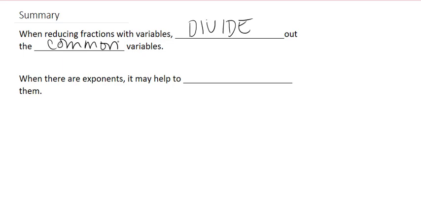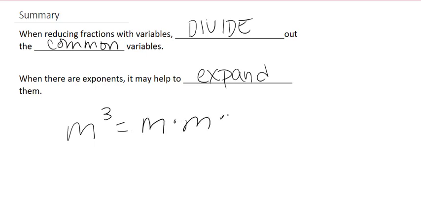And when there are exponents, it may help to expand them or write them out. So, for instance, m to the third is really m times m times m. And remember that the little dot is a sign of multiplication.